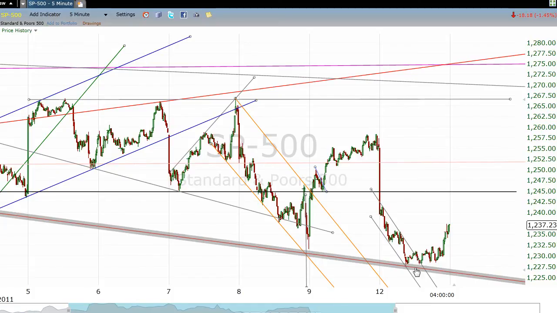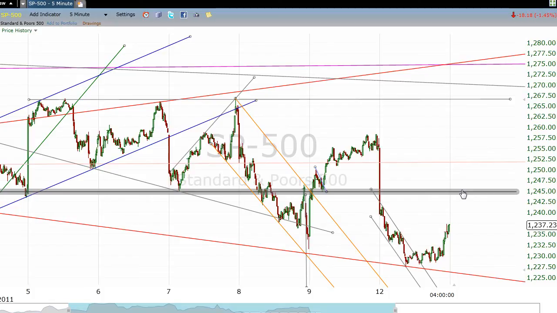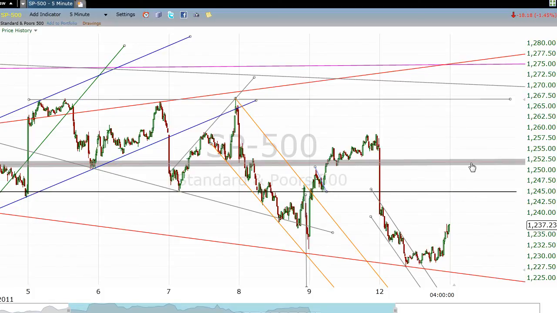If we'd closed today with another little tag on this line, I could have said pretty confidently, look for an update tomorrow. But right now, we could come back down and test this again, or we could continue this strength and come up and make a try for the mid-1240s. And if that breaks, then make a try for the low 1250s.